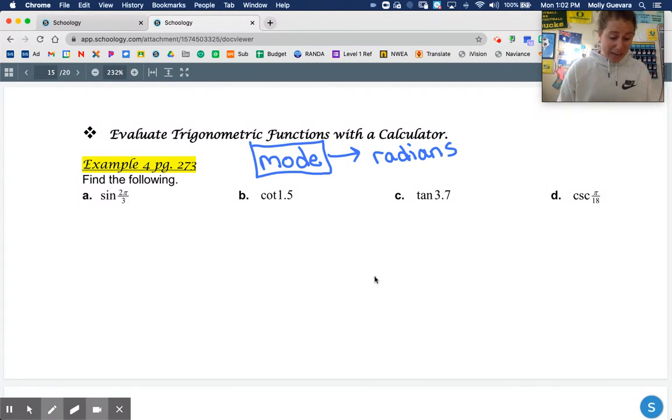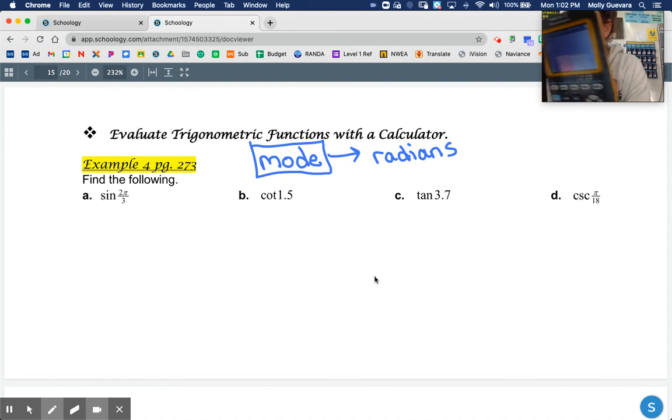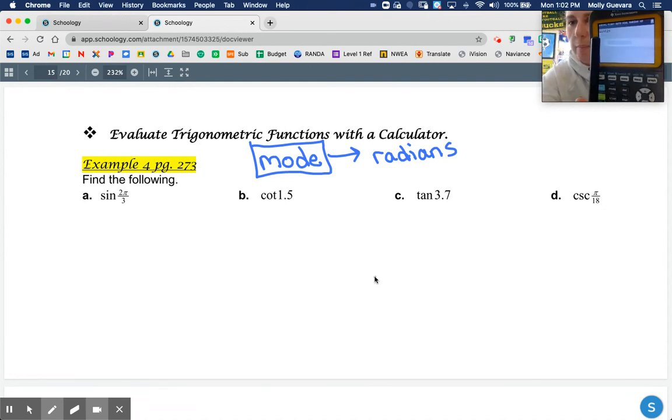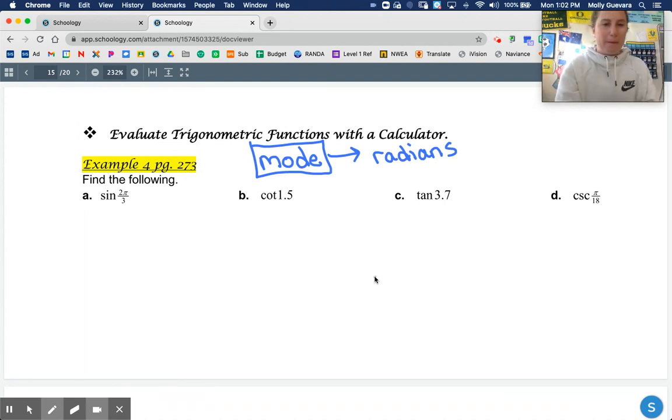So sine, you hit sine of 2, and I always use the pi button. Always use the pi button, okay? Don't ever just do 2 times 3.14, okay? And so this is what it should look like when you're entering it. Sine of 2 pi over 3. Hit enter, and there is my answer.